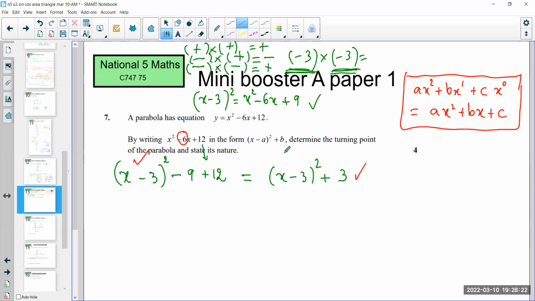Now, what is the question? Determine the turning point. The turning point happens when this here equals 0. That's when the turning point is going to happen. So x minus 3 equals 0. What is x equal to?